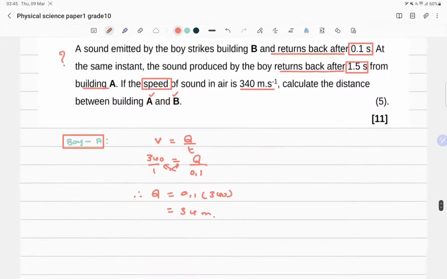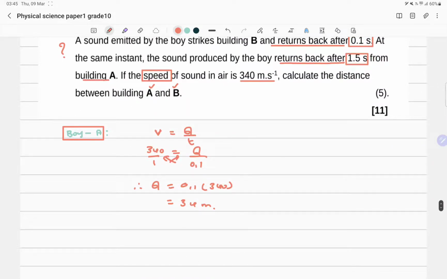It's two things. So this is the one part. And then if we're looking at boy to B, what are we doing about it? We know that again, the velocity, which means speed, maybe let's write S here even.